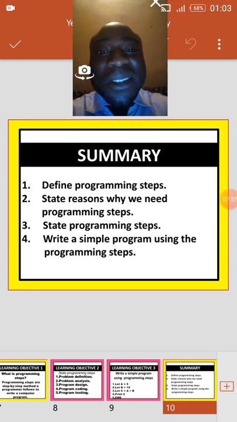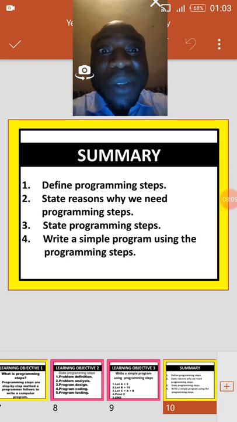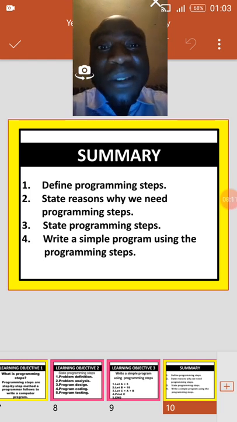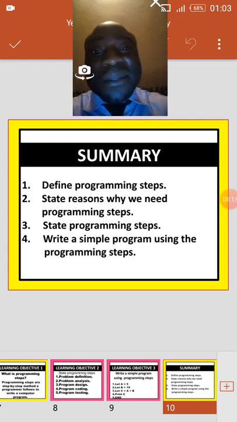Now we stated the reasons why we need programming steps, and one of the reasons is the world is in dire need of programmers, and maybe you are the next programmer we are looking for in the world, and we can use it for learning purpose like what we are doing now.